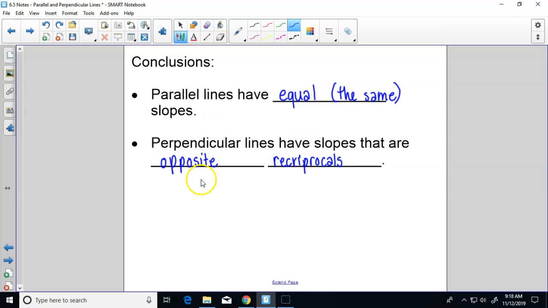Alright, so opposite means change the sign. And reciprocals means to flip. So flip and change the sign is what you need for perpendicular. Okay?